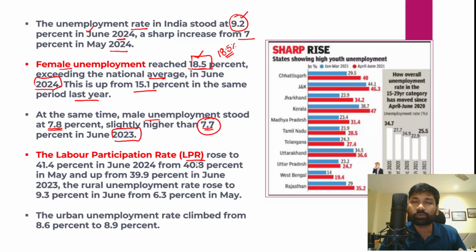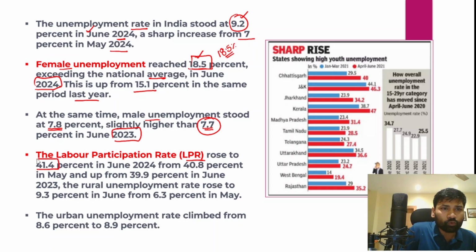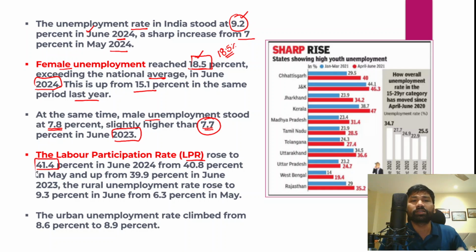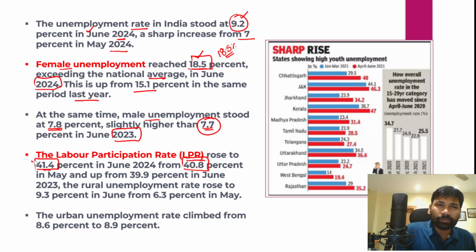The labor force participation rate in economic activities has increased from 40.8% to 41.4% in June 2024, so this is to some extent an increase in the labor force participation rate.